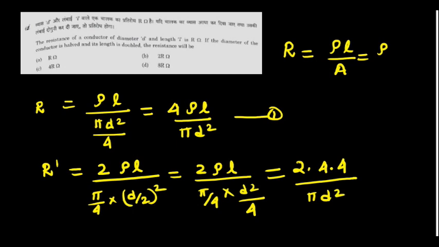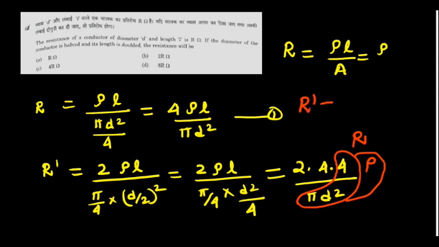The whole thing can be replaced by R. So now the new value R dash equals 2 multiplied by 4, 8R. The answer is 8R ohm.